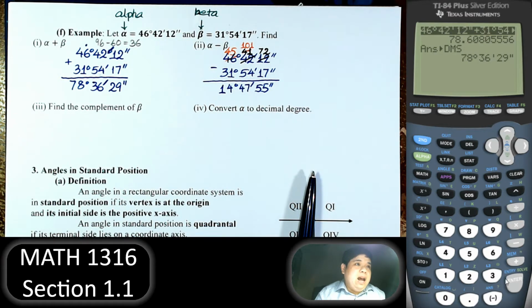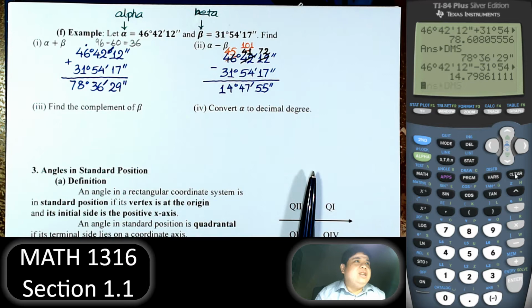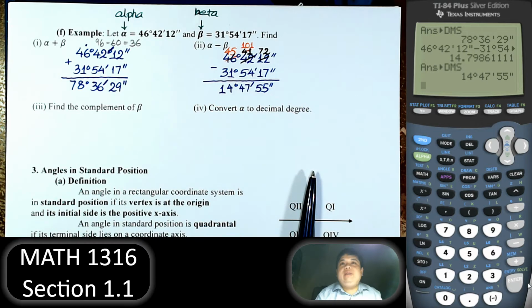Again, second entry to get the last entry. Or you can highlight, hit enter, and now change to subtract. And second angle, number 4. Actually, we don't even need to do that. We just go up, highlight, hit enter, and yeah, that's what we have.